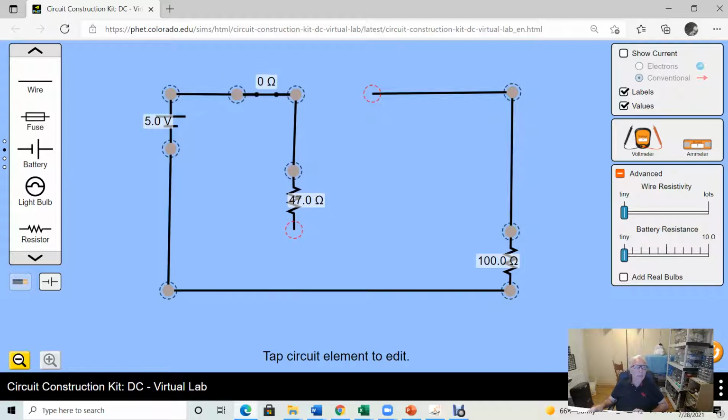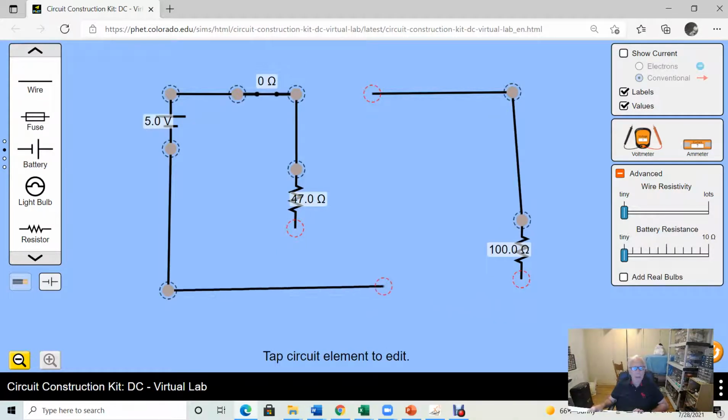The name resistors in parallel is exactly what it means, exactly how it looks like in real life. I'm going to cut this circuit. Let's put a wire here. There you go.